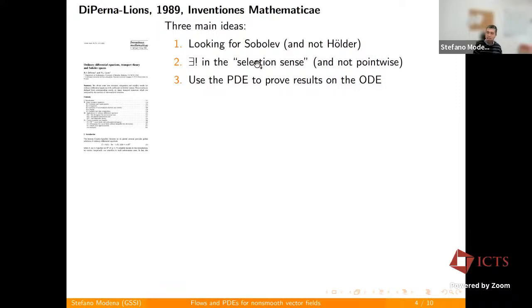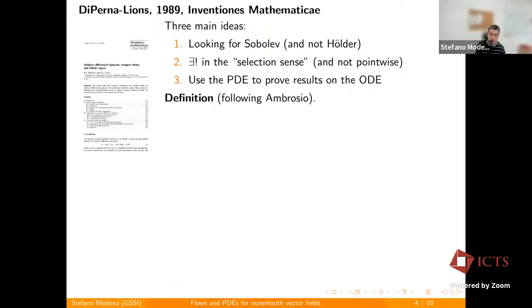Let me give you one possible precise definition of what it means to select characteristics in a way that makes sense. I will not exactly follow the definition of DiPerna-Lions. I will follow the definition introduced by Ambrosio 15 years later, in 2004, because this is a simpler definition and it was the one mainly used afterwards in the literature.